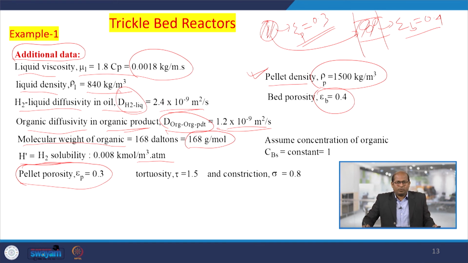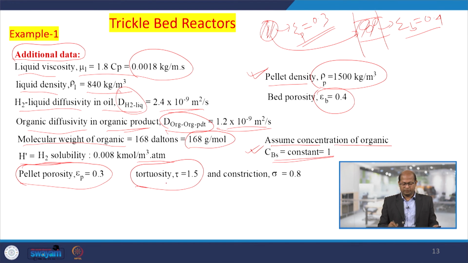So the catalyst properties, density and diameter, are given, and we are assuming that the concentration of the liquid, component B, remains constant throughout the reaction to get 55% conversion. Apart from that, a tortuosity factor and a constriction factor are also given for this catalytic system. The catalyst is porous, and through the pores, components A and B diffuse inside.